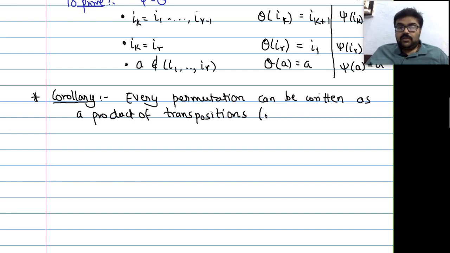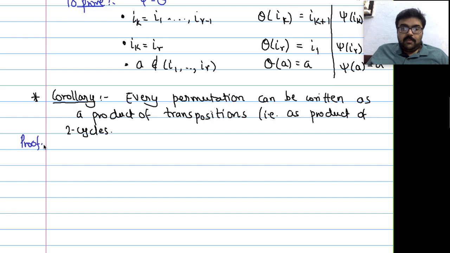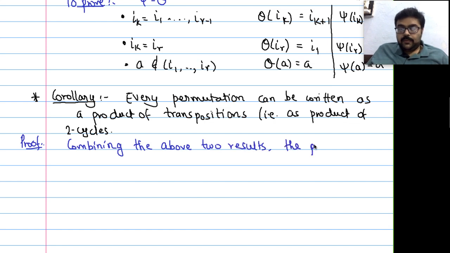A product of transpositions, that is, as a product of two cycles or cycles of length 2. So the proof, combining the above two results, follows.